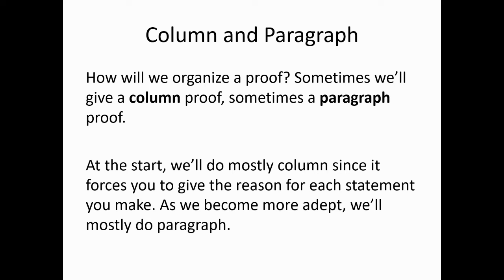Okay. And if you start with paragraph proof, it is very easy to neglect to give that justification. But in the table, if you don't give the justification, that means that your table will have a blank spot, a hole under by. So it will become obvious in that case that the proof is incomplete.